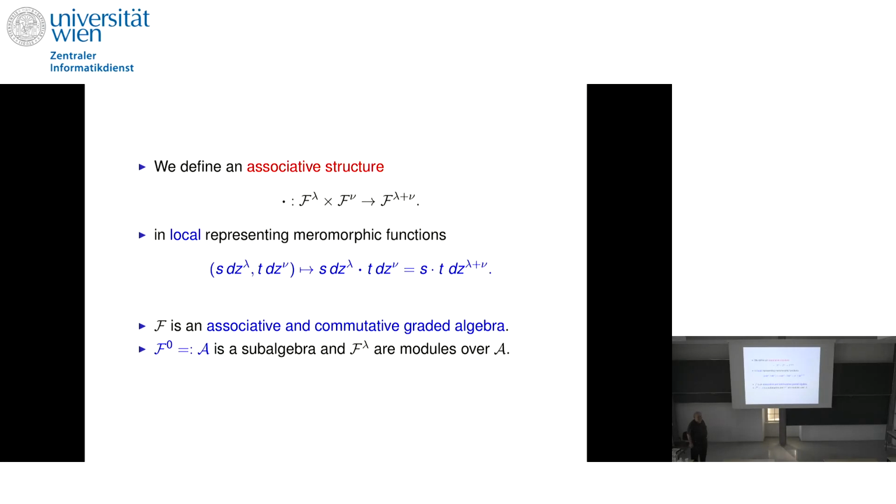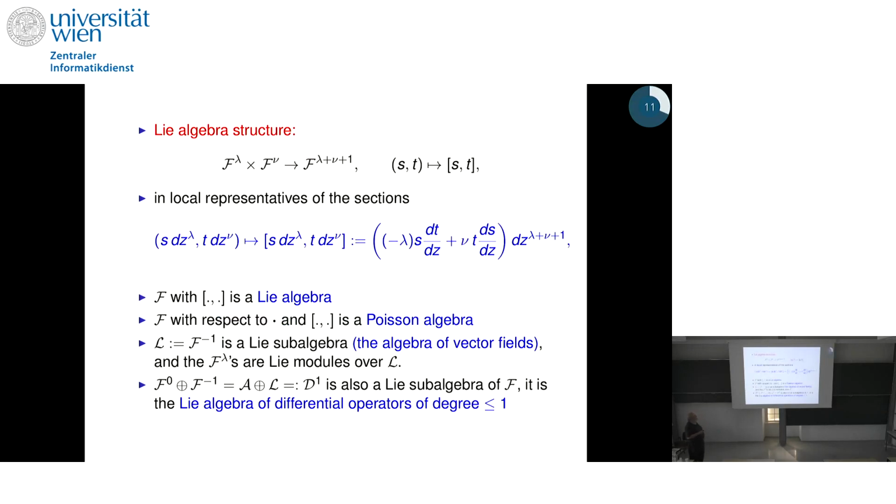This is, of course, rather trivial, but nevertheless it is good to have a general look at this. This is really commutative, okay? There will be no braiding showing up here.